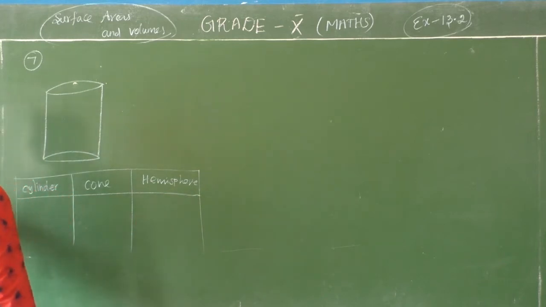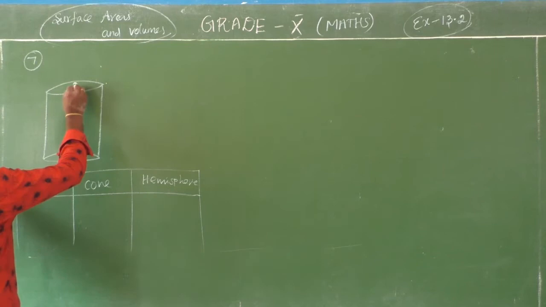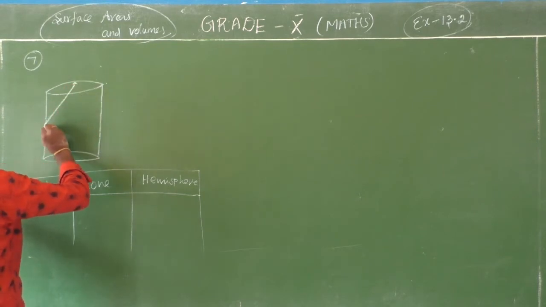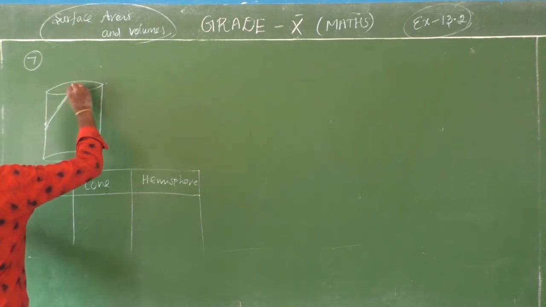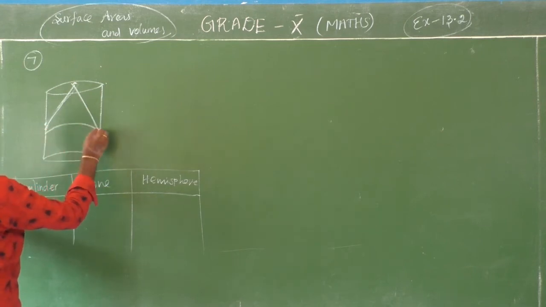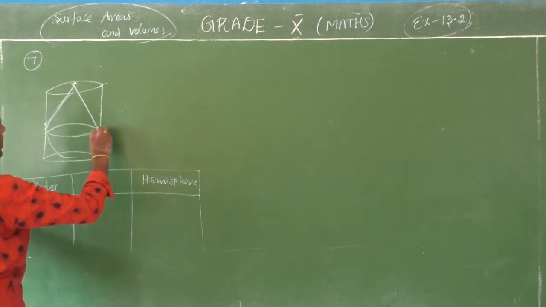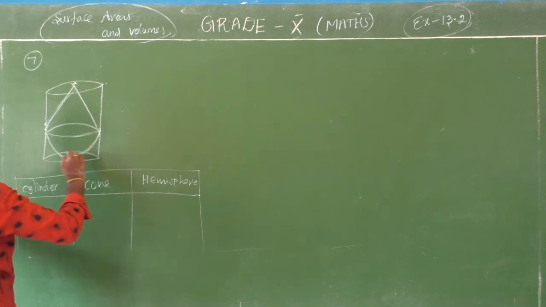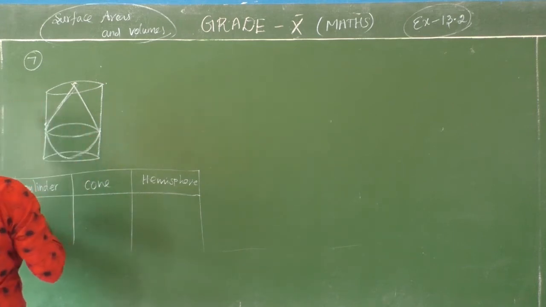Okay. Now listen. A solid consists of a right circular cone of height 120 centimeter. It is standing on the hemisphere. Okay students? Yeah.